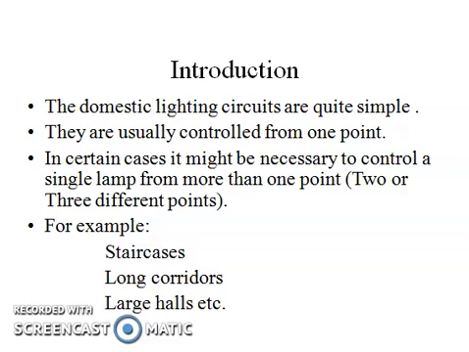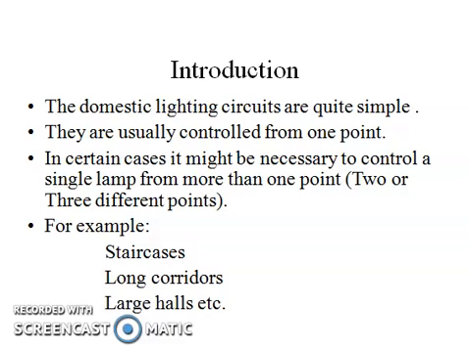To have a better lighting system, the wiring must be very particular. In this video lecture, we'll study the use of two-way and three-way control of lamps, and how and where that type of controlling is necessary and how we can do that wiring.